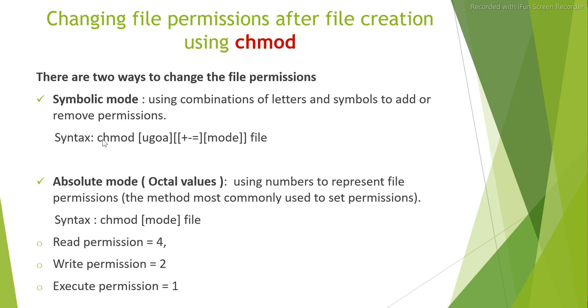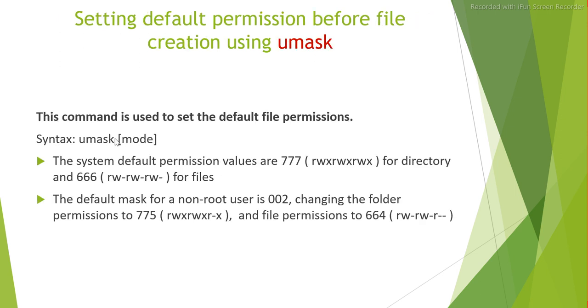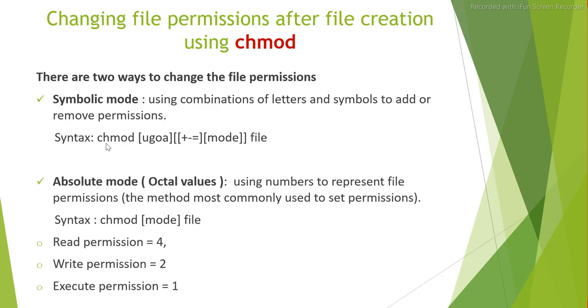We have to use this chmod command, which is the command for changing the mode, or the permission, of the file. You can give u for user, g for group, o for other, meaning the rest of the world, and then a for all. You can use any one option, or combine multiple options.